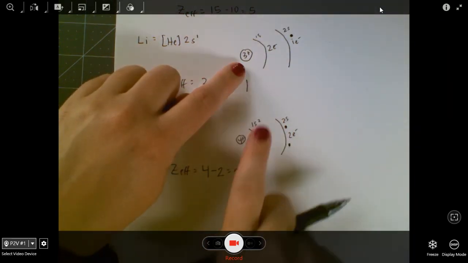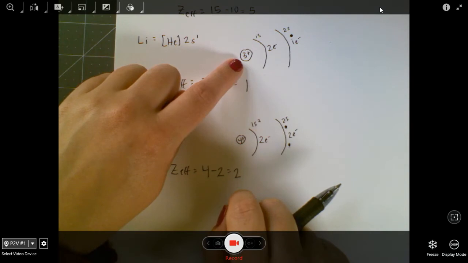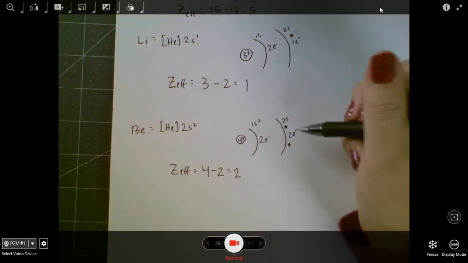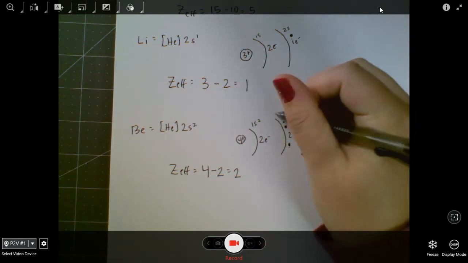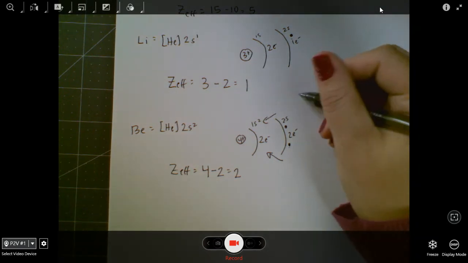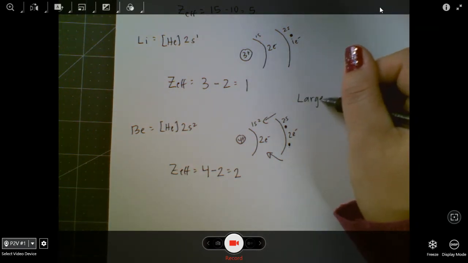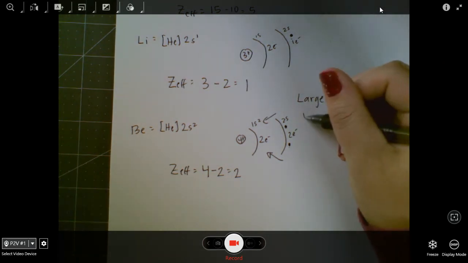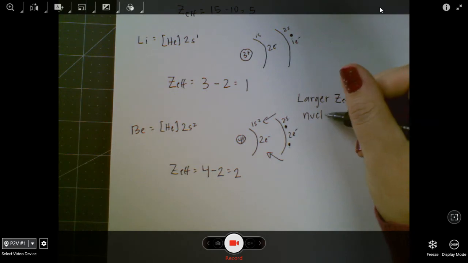If we talk about lithium, there's only 3 pulling and 2 pushing. So the electrons in beryllium are able to be pulled in stronger because of the greater effective nuclear charge. The moral of the story is if there is a larger effective nuclear charge, that means your nucleus is holding on stronger.